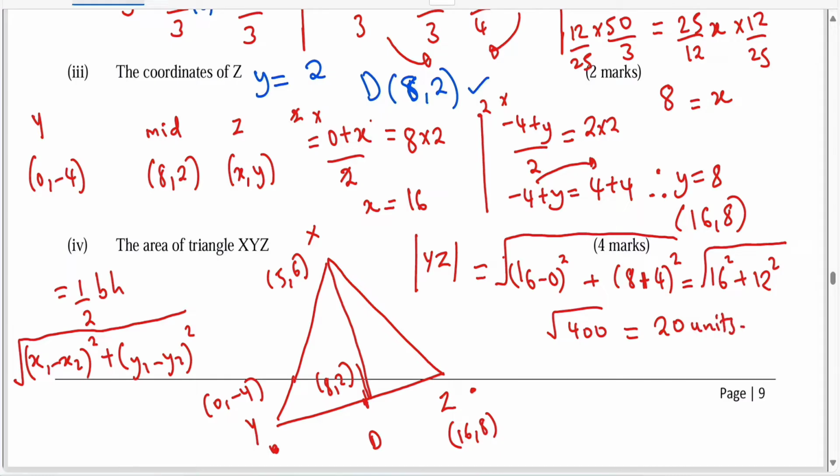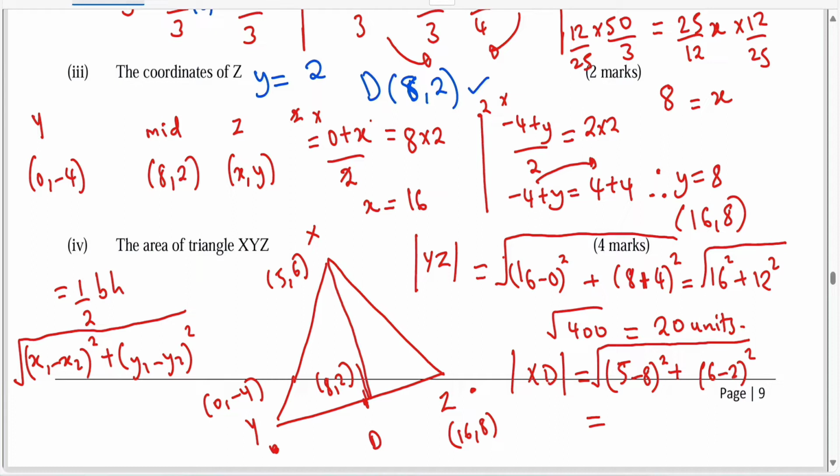Sawa. And then let's search for the height, which is our height ni XD, pia utafanya the same thing. So we'll take 5 minus 8 squared plus 6 minus 2 squared, and the answer is square root.